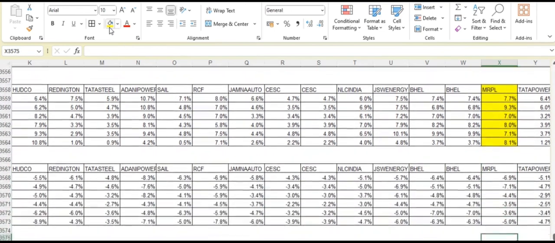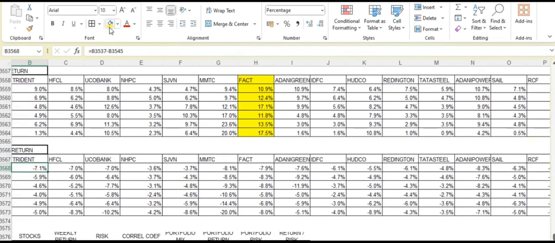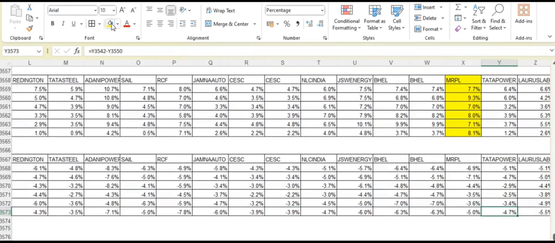If we go further down, you will see that the downside for FACT comes to about 8% over the 1 month period, and for MRPL it will come to about 5%, right? So this is a relatively okay scenario. You will lose about 8% value on FACT and about 5% value on MRPL.